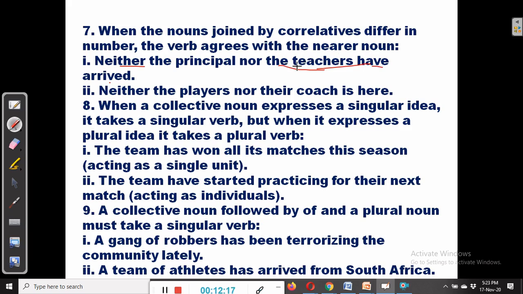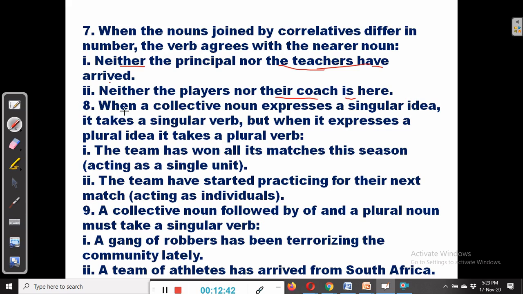Because we say, the teachers have arrived. The second one: Neither the players nor their coach is here. Now the coach is the subject nearer to the verb, and so it compels the verb to be singular, just as the subject itself is singular.